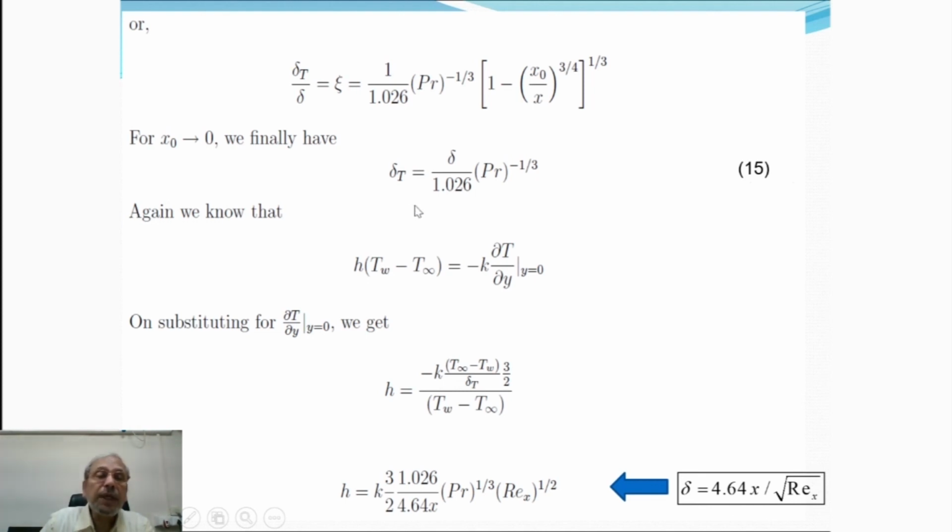Now, if we simply apply Newton's law of cooling, h, the heat transfer coefficient, times Tw minus T infinity is basically minus k, the thermal conductivity of the fluid, into del T del y at y equal to 0. And del T del y, we have already got this expression earlier, which is given by T infinity minus Tw by delta T into 3 by 2.